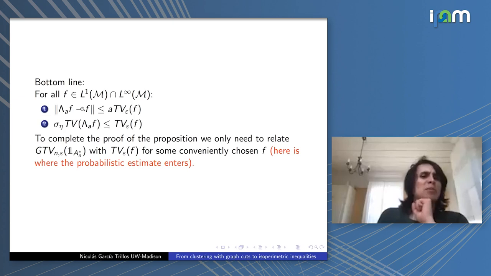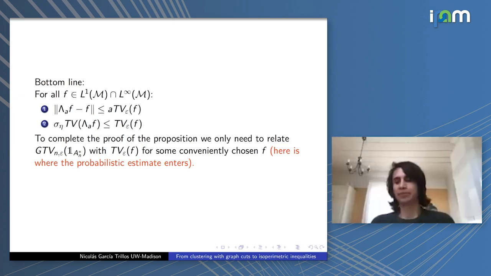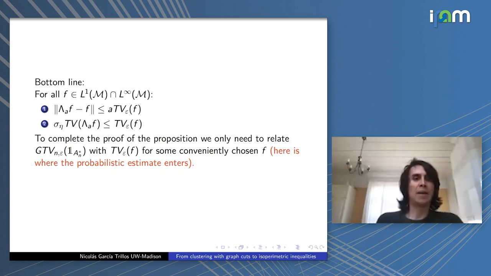So this should resemble a little bit the first property that I listed earlier for my interpolation, but also some property related to, well, you can start with the total variation, and by applying something, you can reduce the energy, which again sounds a lot like what we wanted earlier. Okay, but once again, this is something that one can do completely deterministically. There is nothing probabilistic at this point.